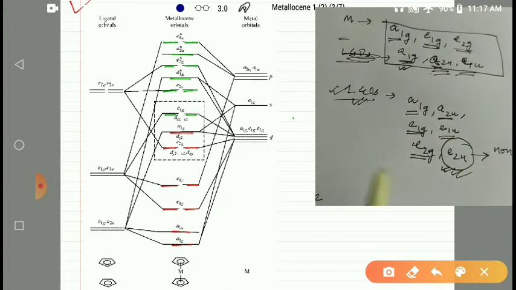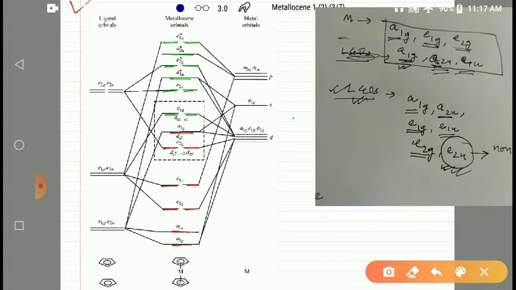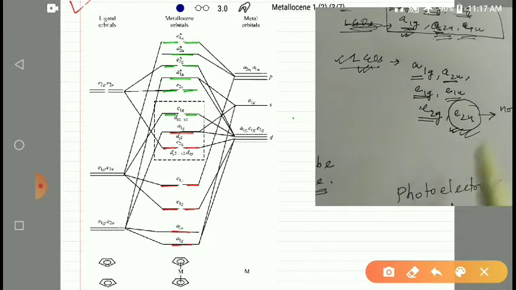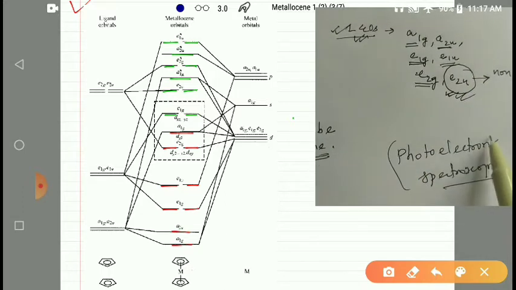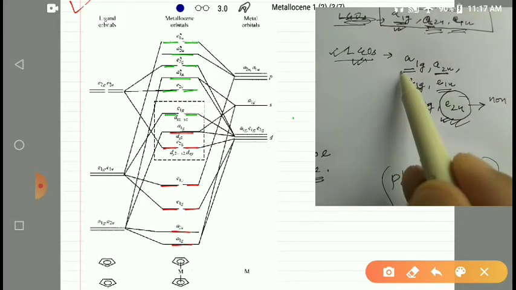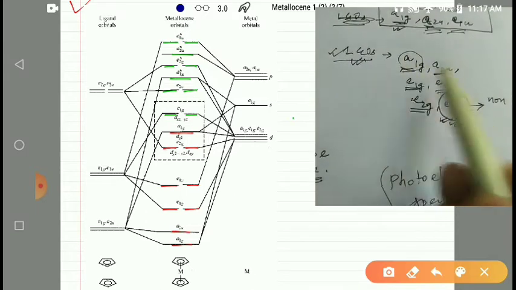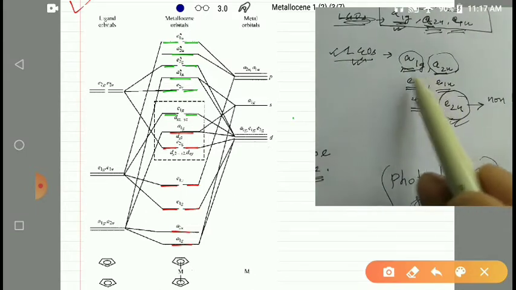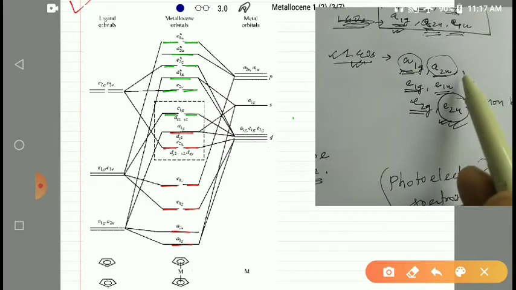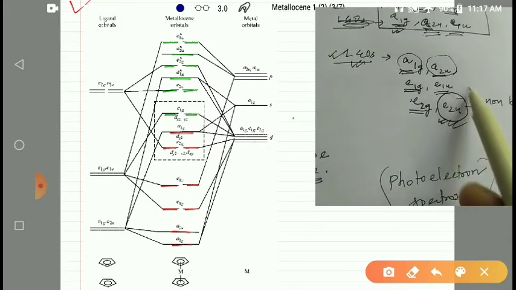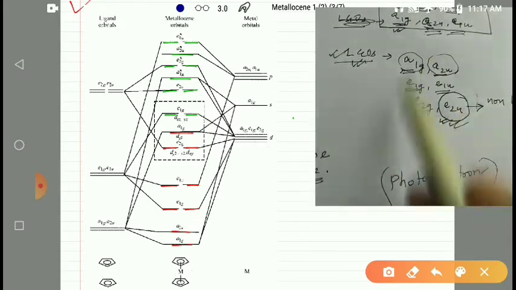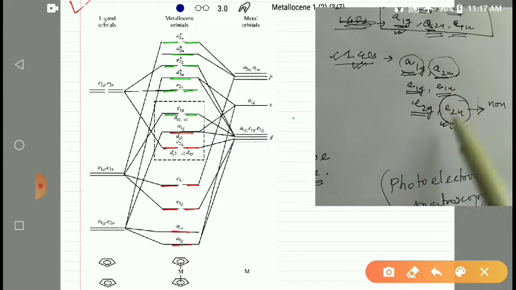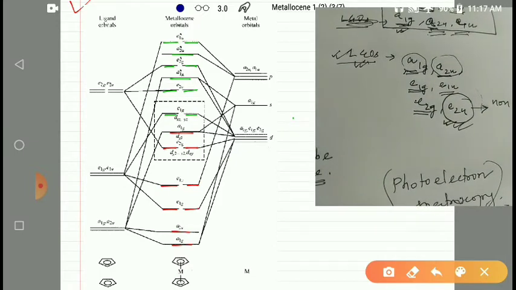Because you see here in the case of ligand group orbitals, by using photoelectron spectroscopy they found that the energy of A1G and A2U are the same. Okay, and they have the lowest amount of energy among these orbitals. So it is shown here.